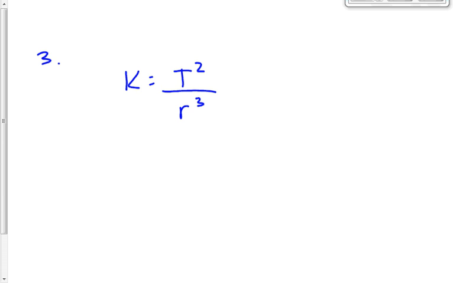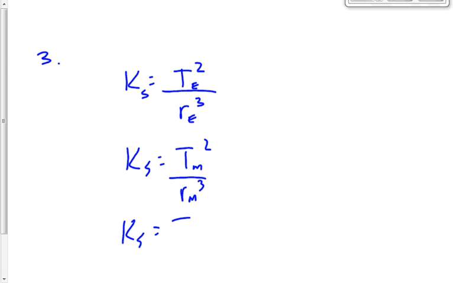Now, the constant k for the sun may be equal to T squared over R cubed using data for the Earth revolving around the sun, or it might be for Mars going around the sun, or it might be for Jupiter going around the sun. It doesn't really matter.